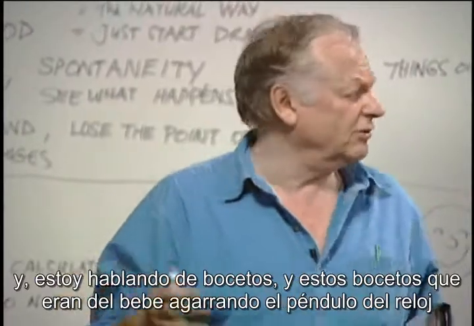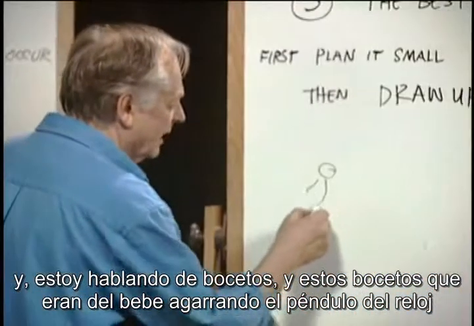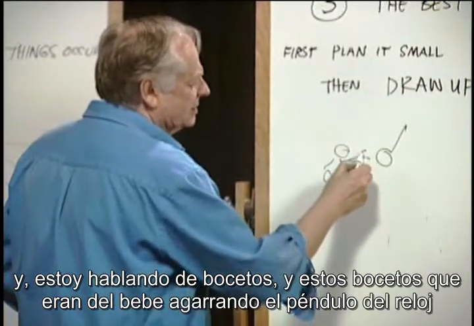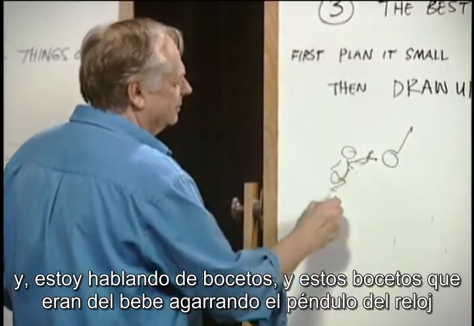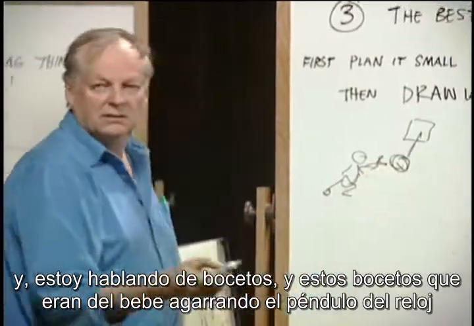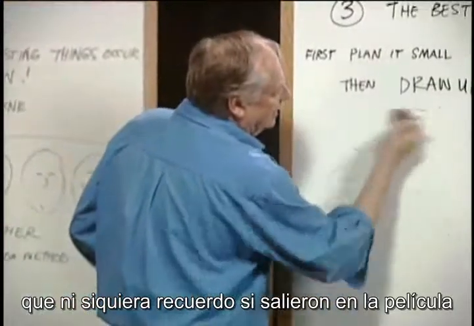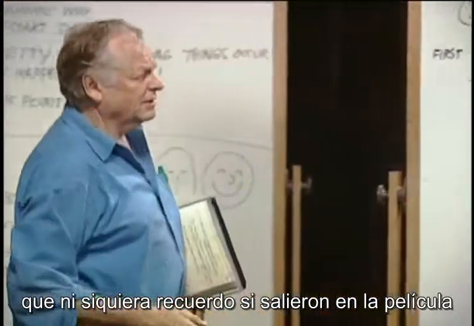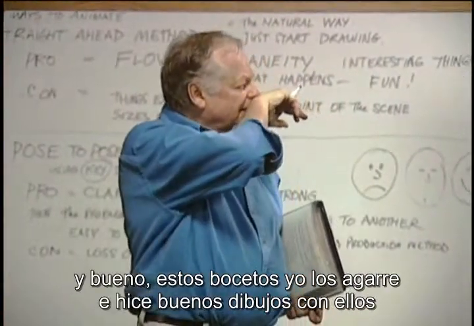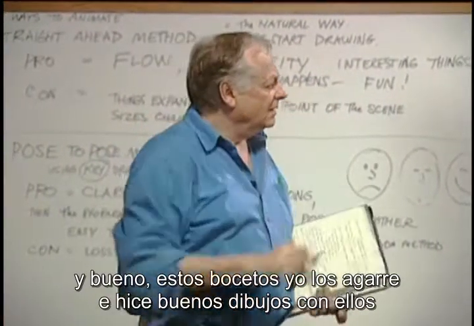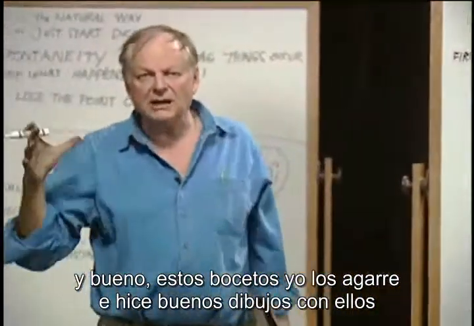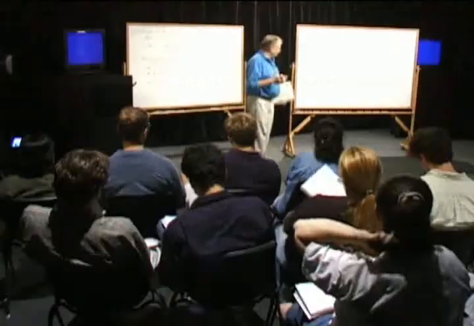I mean, really scribbles. That was the baby, and he's jumping for the clock pendulum. I mean, stuff like that. And I can't remember whether they even shot them or not in the film. I don't think we did. But I used those little scribbles and then blew them up and did nice drawings on top of them. Okay?